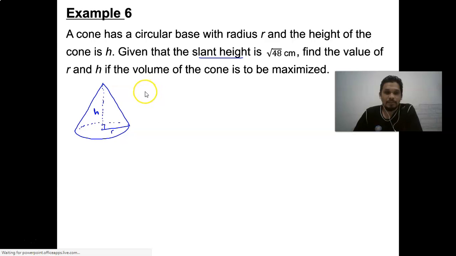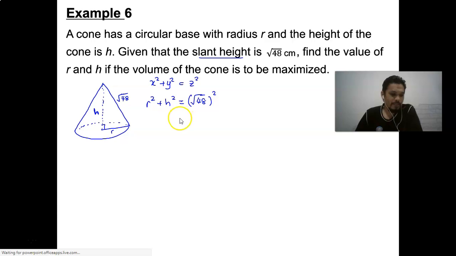From here we can use the Pythagoras theorem, r square plus h square equal to this one here, which is square root of 48, from x square plus y square equal to z square. So z here is square root of 48.